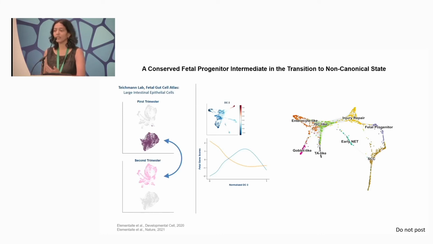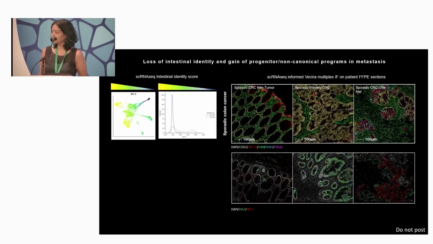And from there, we then see this fetal progenitor state. And finally, we start to see non-canonical, non-intestinal, differentiated programs. In this particular tumor, we appreciate gene programs associated with squamous cell carcinoma. So these are keratins associated with skin differentiation or lineage plasticity that is starting to happen, and also gene expression programs associated with neuroendocrine differentiation.